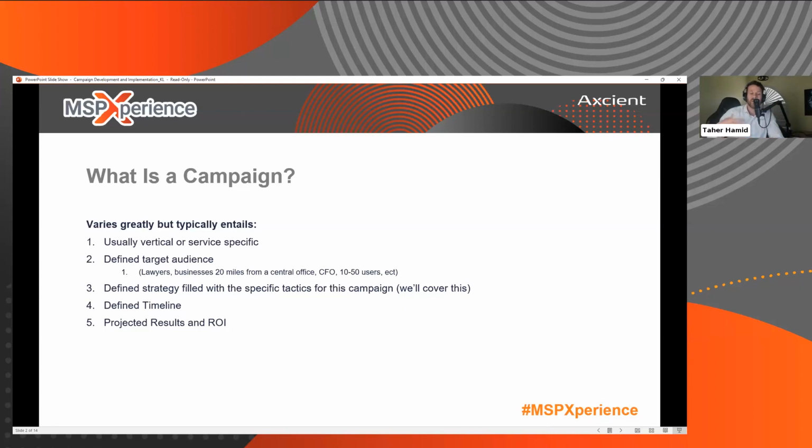There needs to be a defined strategy filled with specific tactics. Don't worry, we're going to cover that, and we're going to get really, really specific. It should have a defined timeline, although we will see that some campaigns don't. They're an ongoing campaign, which is also fine. And we need to have projected results for the campaign, and we need to be able to see if there's an ROI or not on that campaign. So that is what we're going to be covering in detail today.